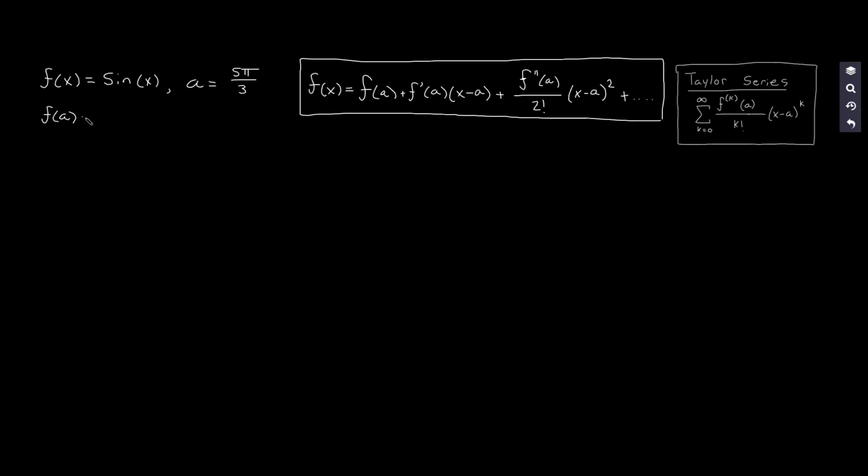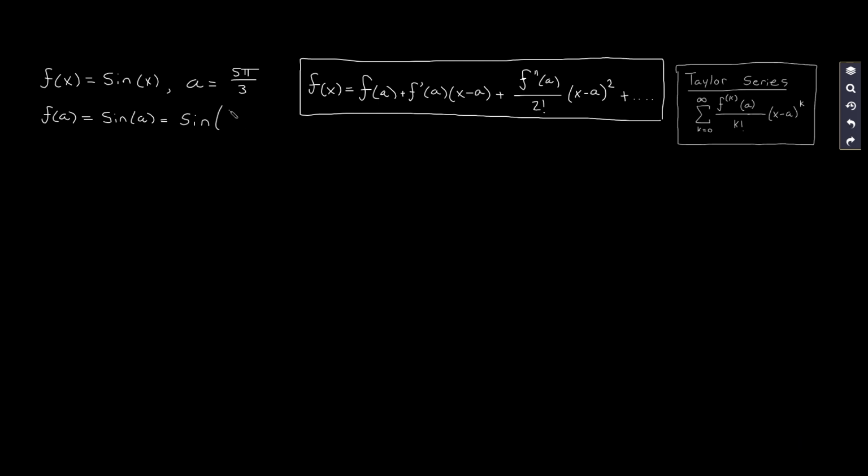So f of a is sine of a, and sine of a is sine of 5 pi over 3. Wow, that looks atrocious. Okay, wait, hold on.